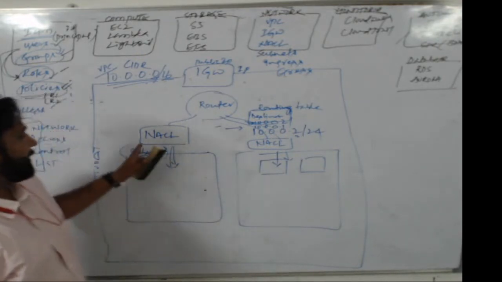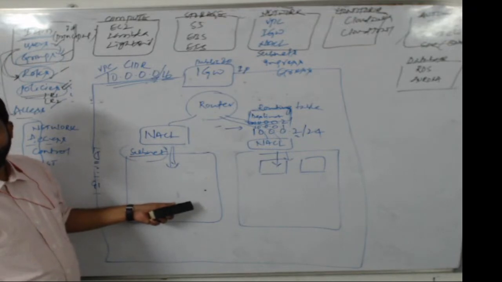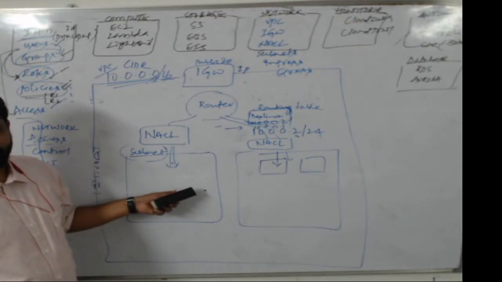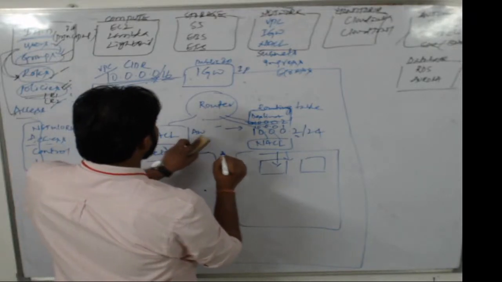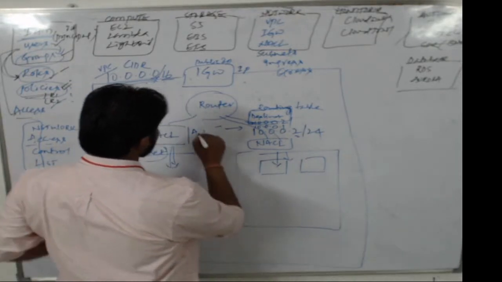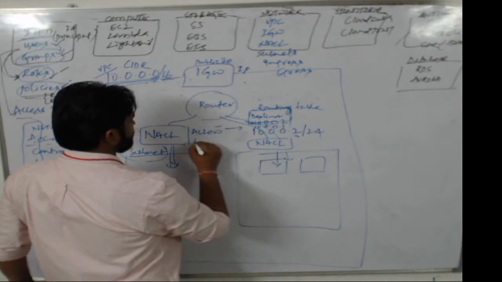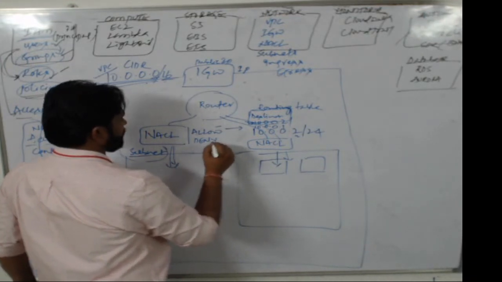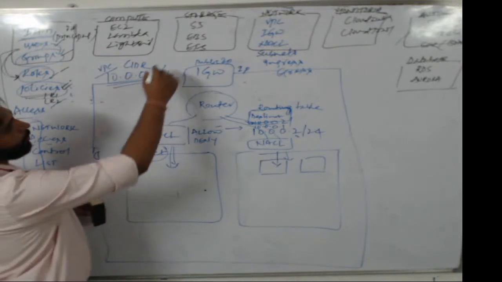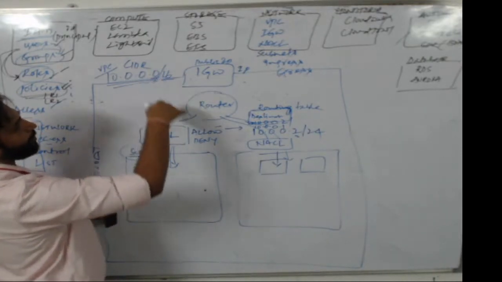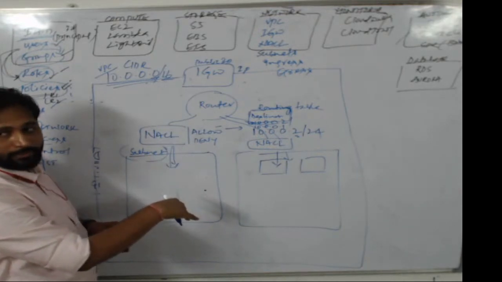And NACL says who can enter, who cannot enter. It has allow and deny both rules. You can say all IPs originating from outside can enter this one.